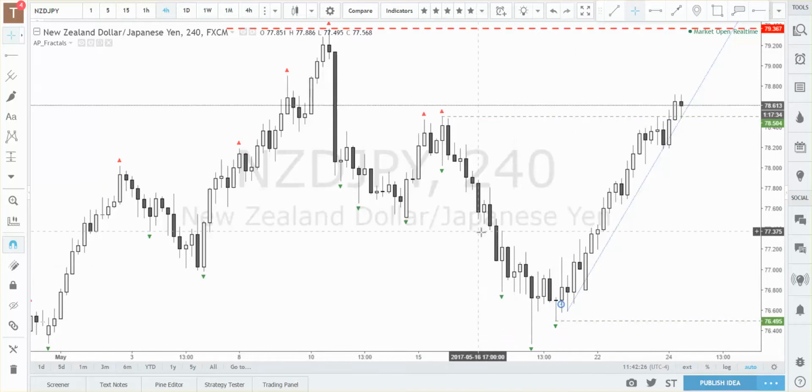I think most of you are familiar with that. But I like to use pivots a lot, because pivots allow me to measure extension and have high probability targets.